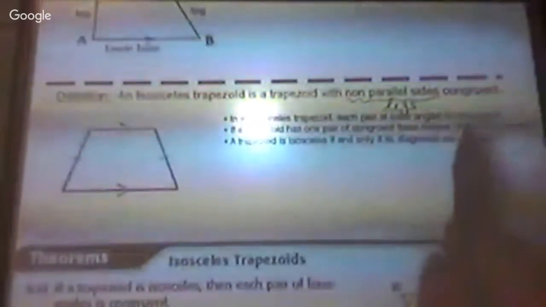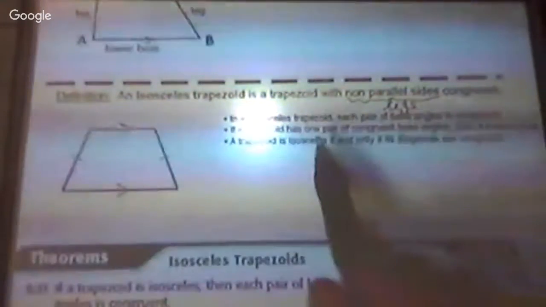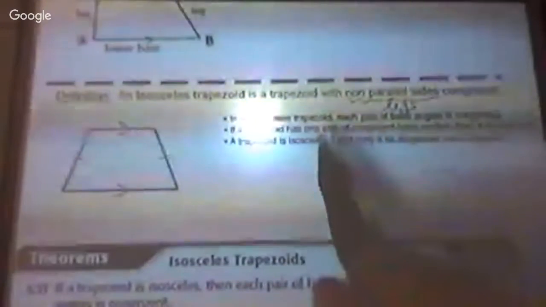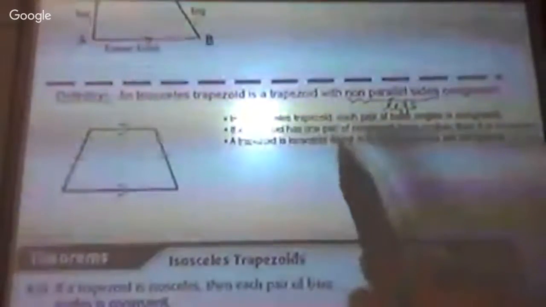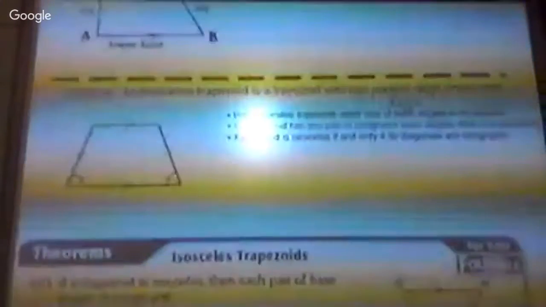First of all, each pair of base angles are congruent. So that means that this one is congruent to that one, and then this one is congruent to this base angle.